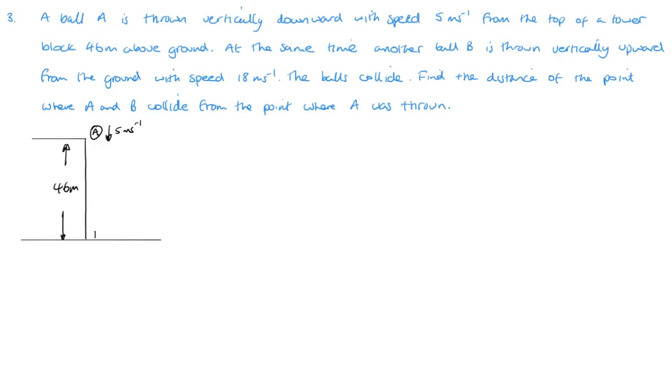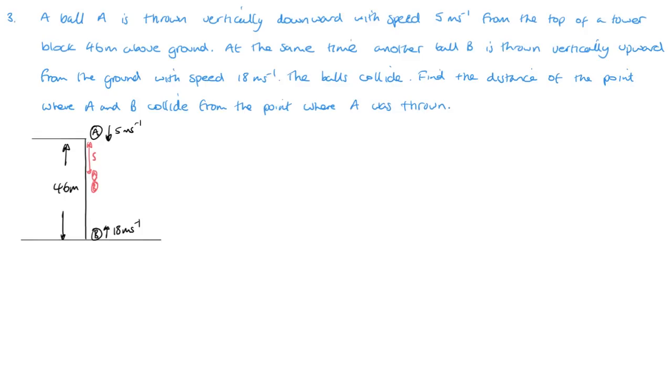And then I've got B being thrown upwards at 18 meters per second. And I'm just going to change colour, and then somewhere in between A and B collide. And I want to find the distance from the point where A was thrown. So I want this distance S here.